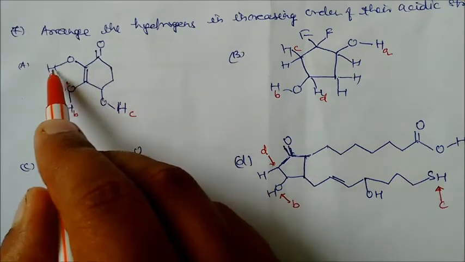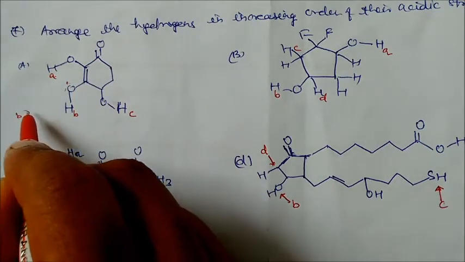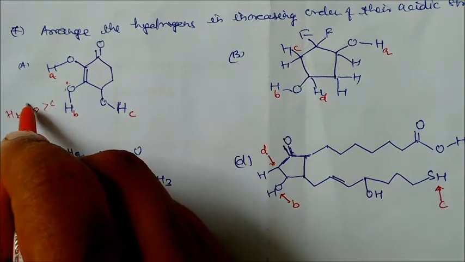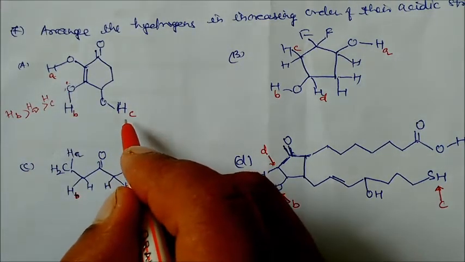Here in one ketone we have an OH group, but there two OH groups are there. So B will be more acidic, then followed by A, and then followed by C. Hydrogen of B is more acidic, then hydrogen of A, then hydrogen of C. This is far away from this one, so this will be less acidic.